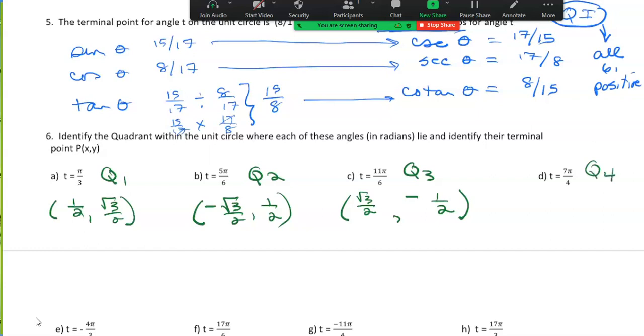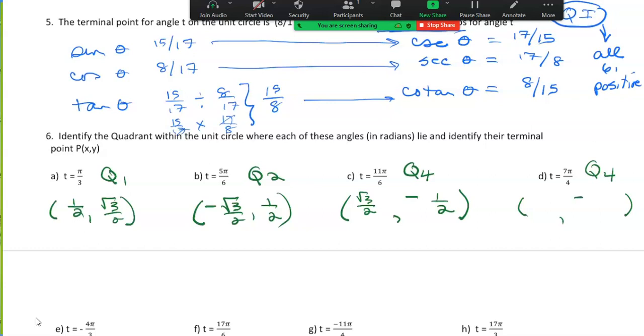This is quadrant 4. And 7 pi over 4 in quadrant 4, what I know is that the, hold on a second, did I mess up over here? Let me just see. 11 pi over 6, yes. 11 pi over 6 is also in quadrant 4. So let me make that little correction. I think I said it, but I wrote down something different. Okay, so these both are in quadrant 4.